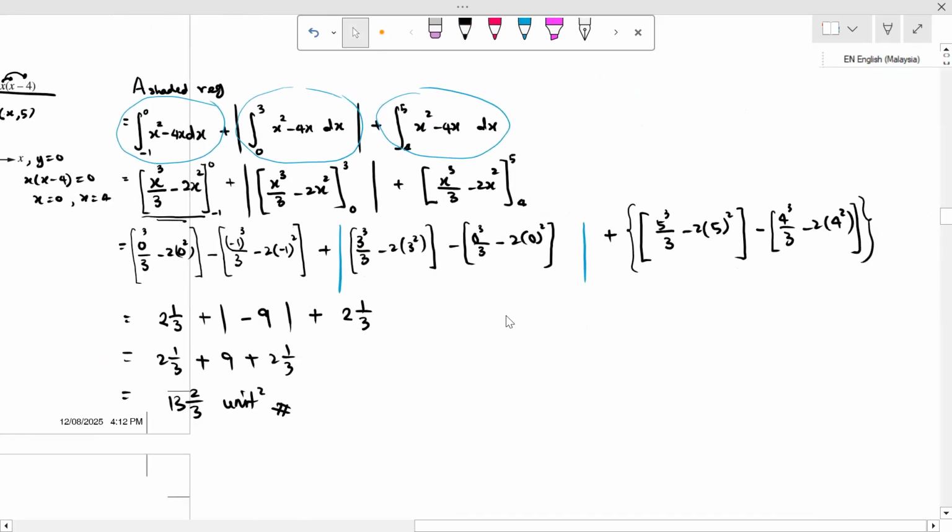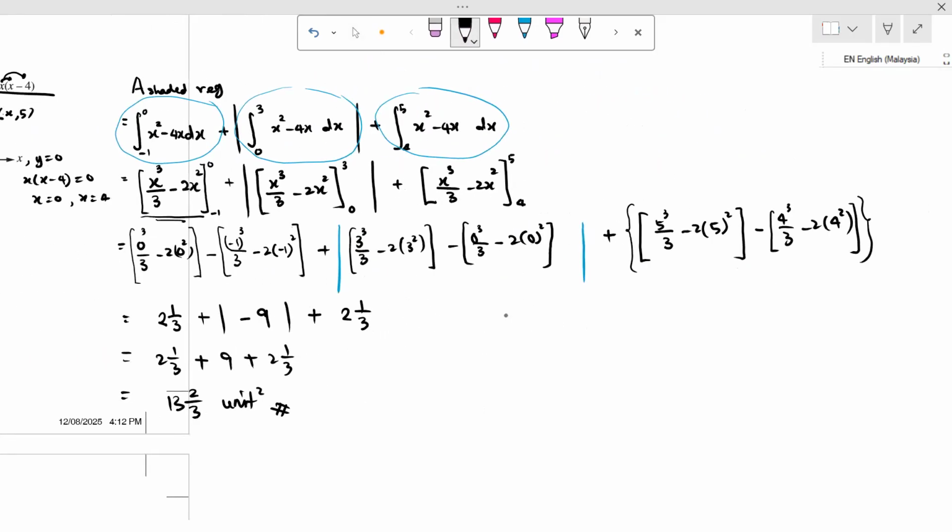Now for SPM, right, because they need to see you substitute the boundary in. So after that, do you need to show, oh, it is actually negative 1 over 3 plus 2? No need. Okay, because they expect this can be found using the calculator. So actually, when we reach here, we use the calculator and let the calculator do the calculation for us. They don't know. They thought you are doing it manually.